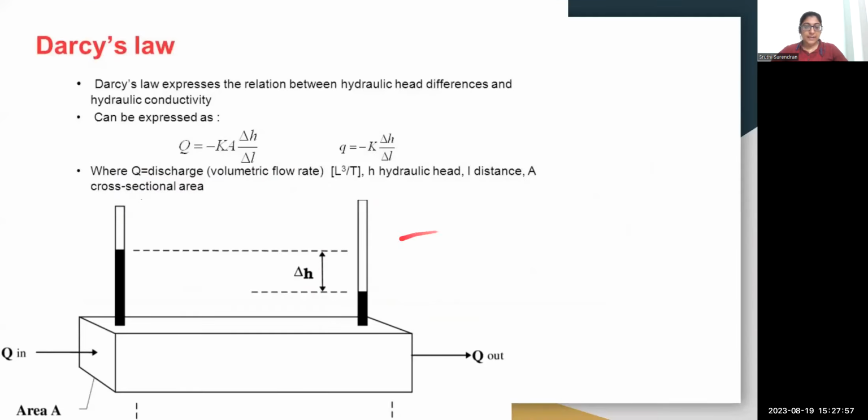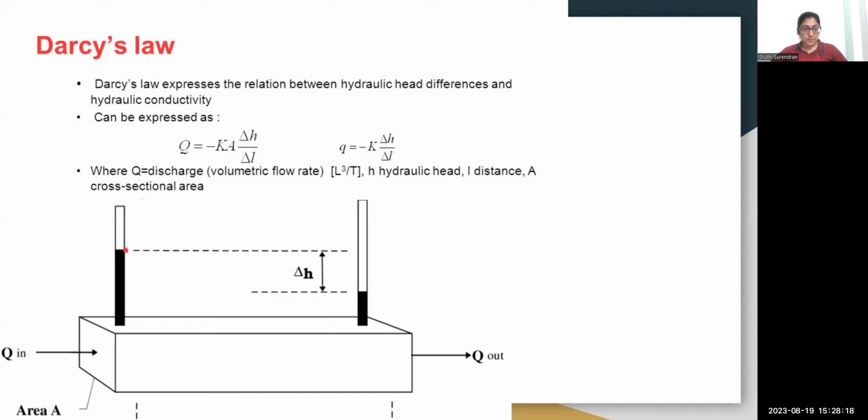So hydraulic gradient is the ratio of the change in the hydraulic head to the length of the aquifer. Now, what is this difference in the hydraulic head? Suppose you consider this as an aquifer and water is going to flow like this through the aquifer and come out like this.